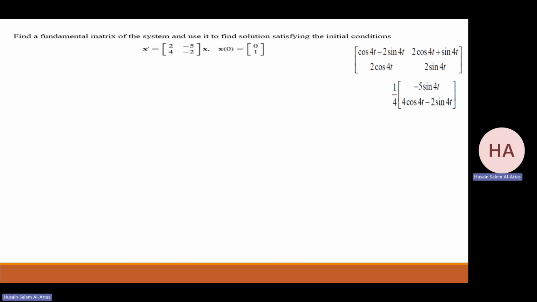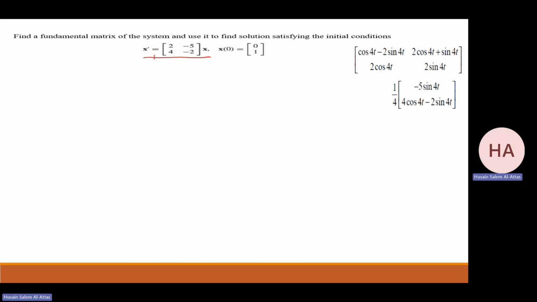Another example. Now we need to solve this system. To solve the system, it depends on the eigenvalues: real and distinct, easy. Non-real, you need the formula. Repeated, you need to deal with it.